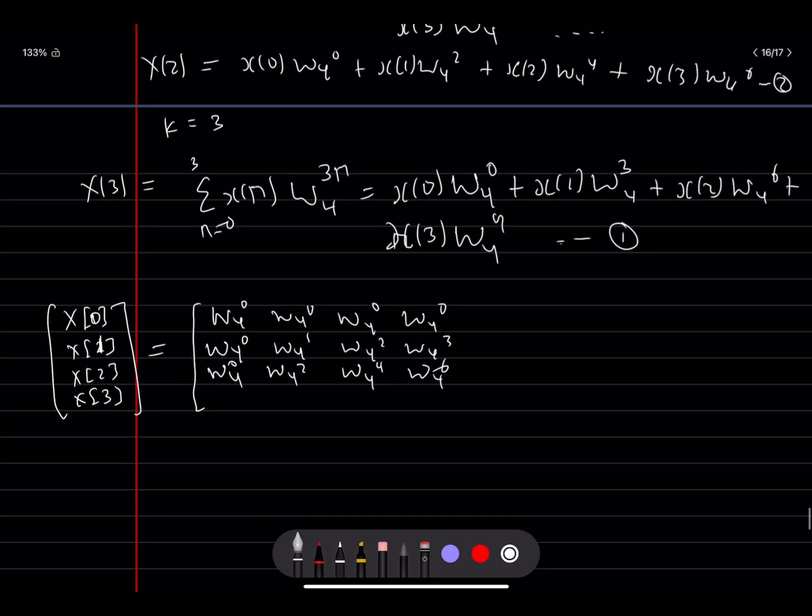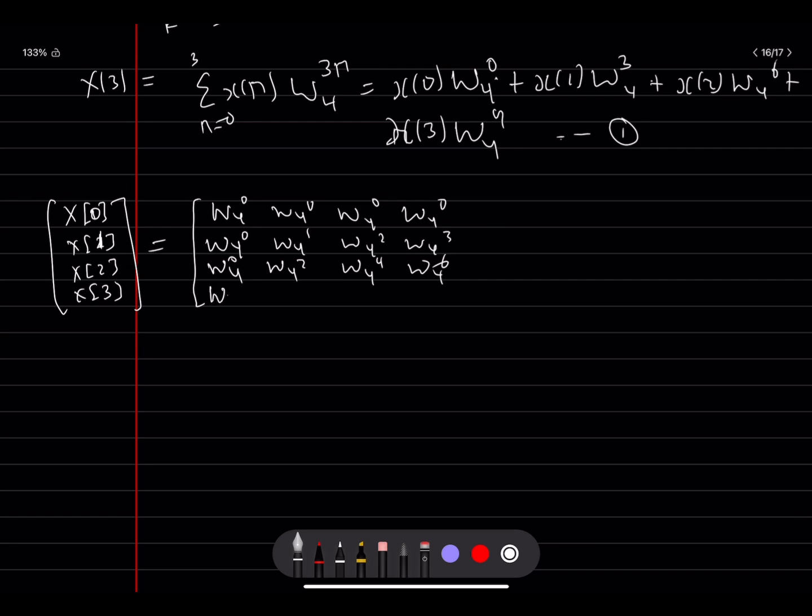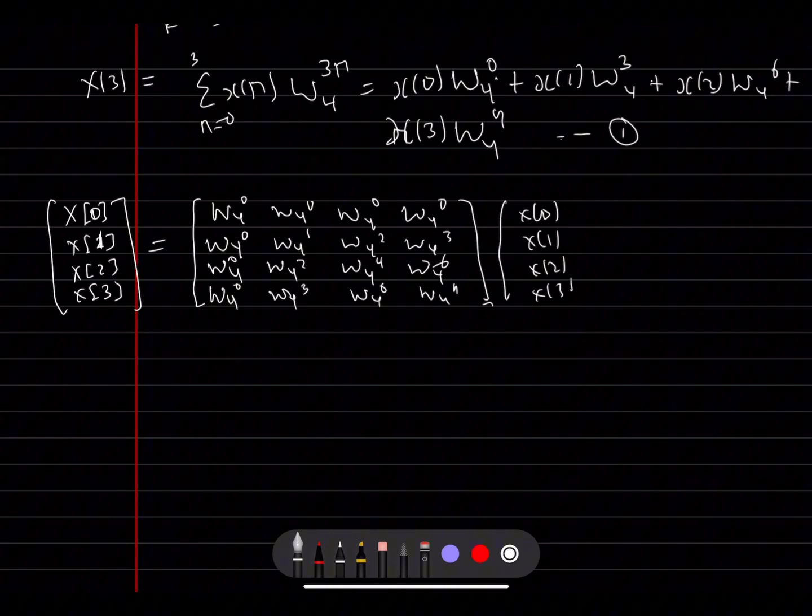And my last equation has exponents 0, 3, 6, 9, so I can write W4 power 0, W4 power 3, W4 power 6, W4 power 9. And when we are done, this is our x of 0, x of 1, x of 2, x of 3, which is our input equation, which is given to us.